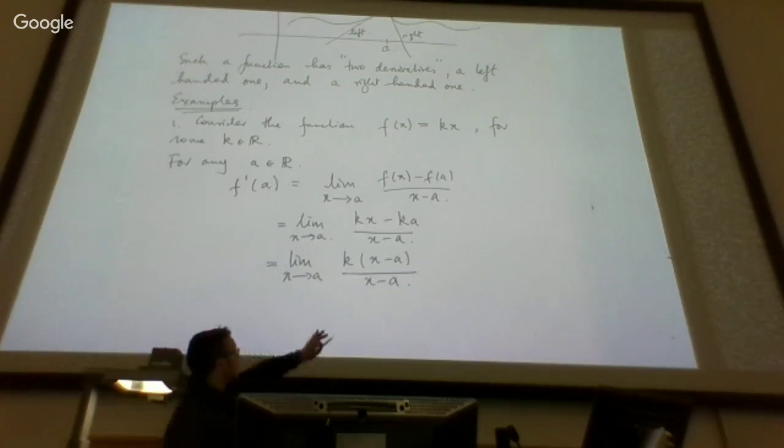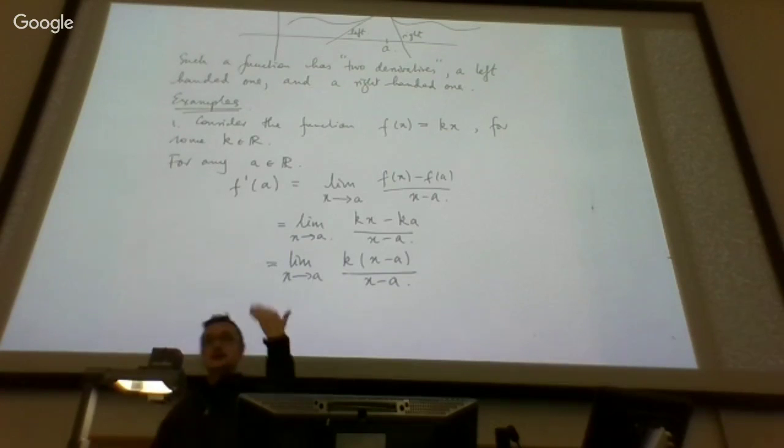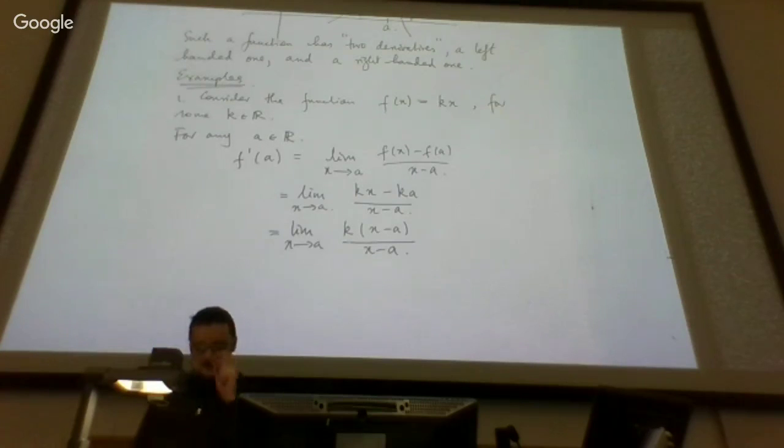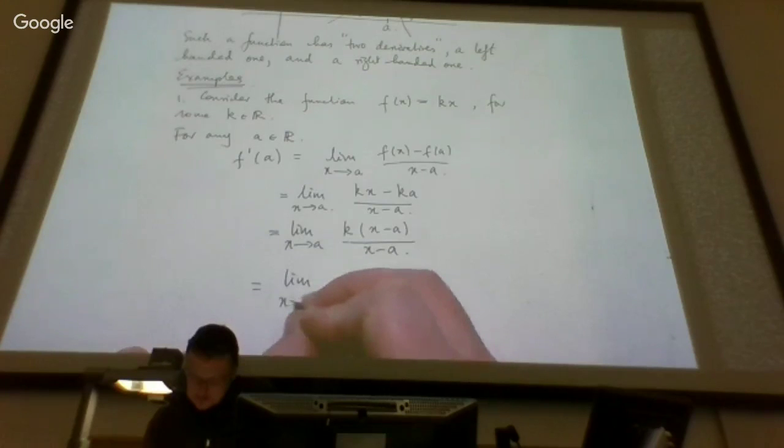So in this limiting process, x is never actually equal to a, but there's nothing to stop us cancelling that factor x minus a from the top and the bottom. The x minus a is never itself equal to 0 in this limiting process. It gets arbitrarily close to 0, but it's never actually equal to 0. So we can cancel it from the top and bottom.